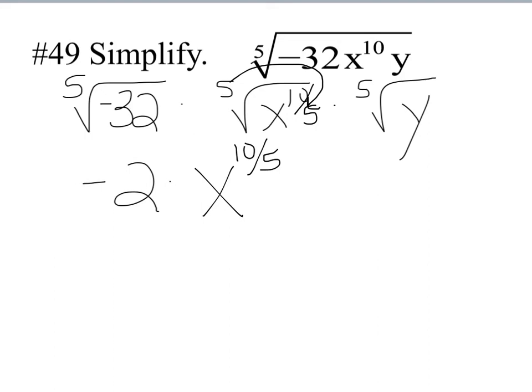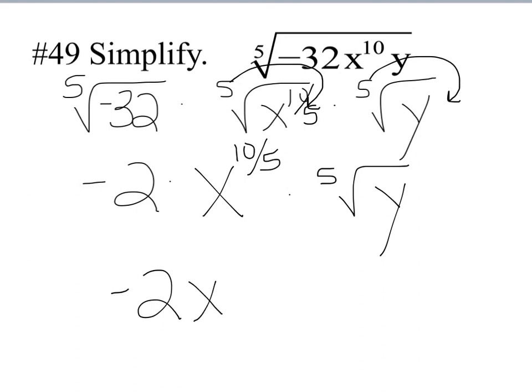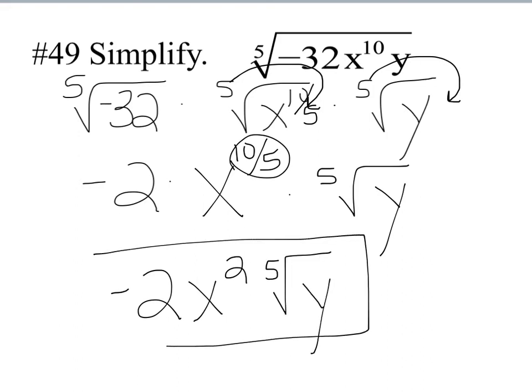And then on the fifth root of y, we could move our index back to our denominator, but there's really no reason for that. There's really nothing we can do with the fifth root of y, so we're just going to leave it the fifth root of y. So to clean this up a little bit, it becomes negative 2 x squared, because 10 divided by 5 is 2, times the fifth root of y. So that is our final answer.